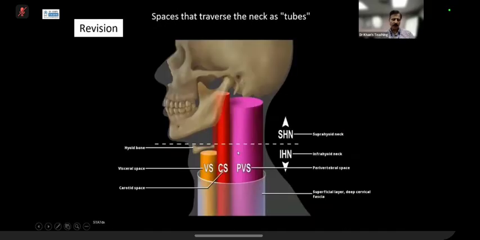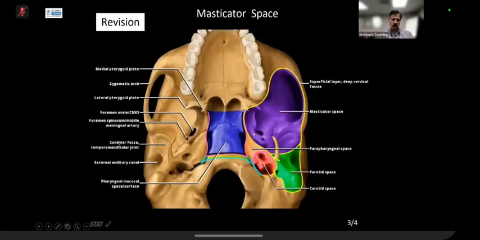So some of these spaces, they act as tubes. They go all the way through the neck, and many of them, they actually reach the skull base. And it is very important to remember this concept, because tumors as well as infections can transmit through them to the cranial cavity. Out of these, masticator space is one which we will cover today once again, and parotid space, we will revise it.